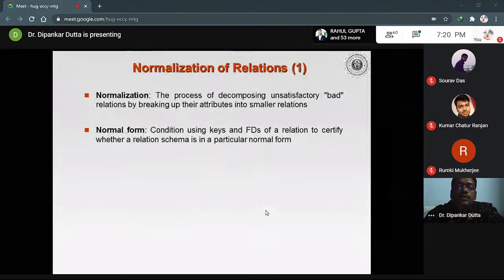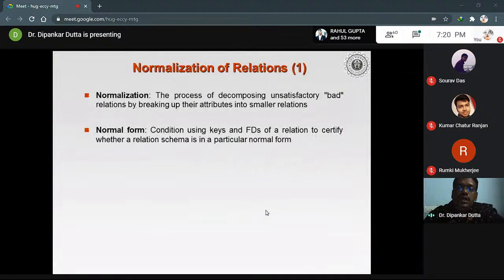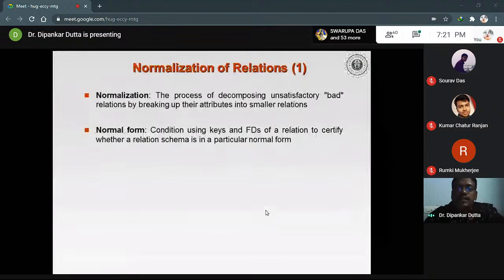Normal form: conditions using keys and functional dependencies of a relation to certify whether a relation schema is in a particular normal form. If a relation satisfies those conditions, then we can say that the relation is in first normal form, second normal form, third normal form, and so on.